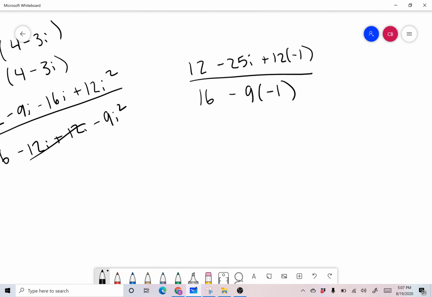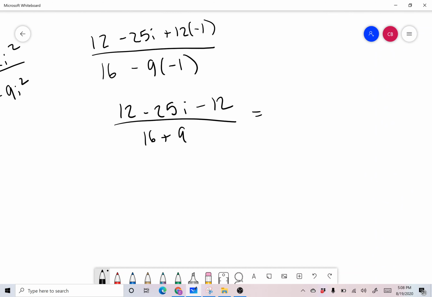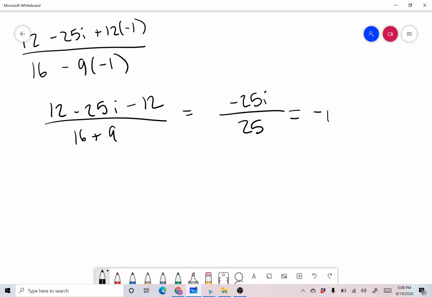Yeah, that's good. So this is 12 minus 25i minus 12 over 16 plus 9. Oh, wow, this is going to be a really nice answer. 12 minus 12 is 0. Negative 25i over 25, which is negative i. So we got a really nice answer that time.